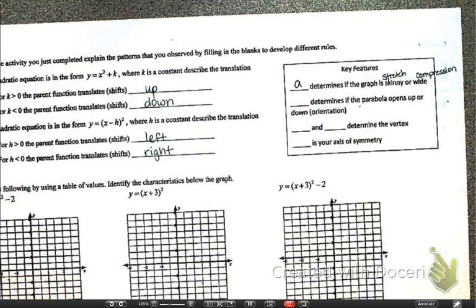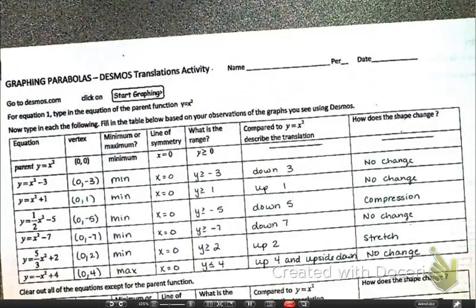What determines if the parabola opens up or down? The orientation. What value determines if it opens up or down? So let's look back here. How did we know? Let's look at the difference between, I don't know, these two here.